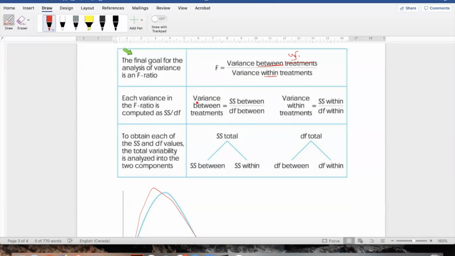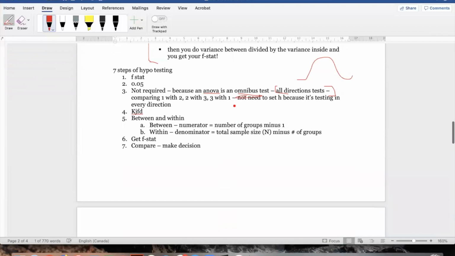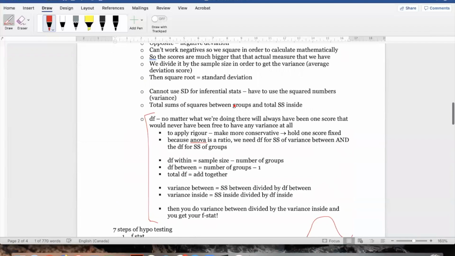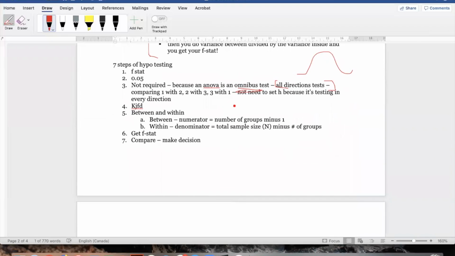So once we have the variance between, in order to get them right, we need to get those. Remember we talked about variance and how it's squared. In the descriptive stats, you get this number, the variance squared, and you don't need it for anything except this.